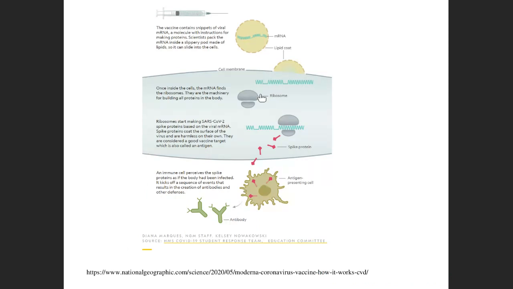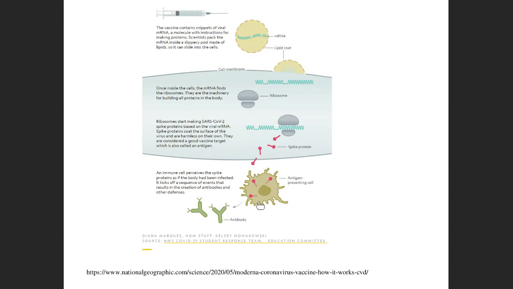So this is the vaccine strategy. How does it work? This is your needle with the nanoparticle with mRNA inside, and it delivers the mRNA into the body. Now you start producing these spike proteins.